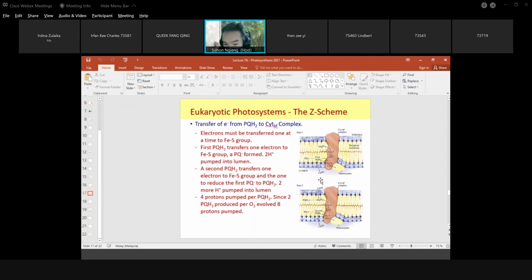Once it collects 2 more H from the stroma, this thing is moving around inside here. Eventually once it forms PQH2, it goes back and starts the cycle again, and as this process repeats, the H from the stroma is indirectly transferred and accumulated inside the lumen.